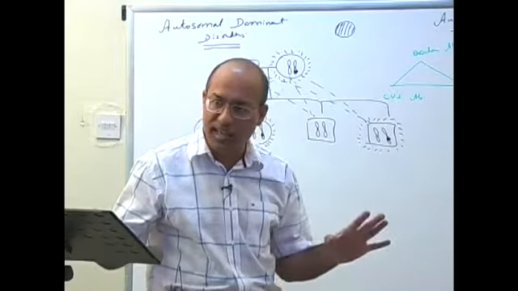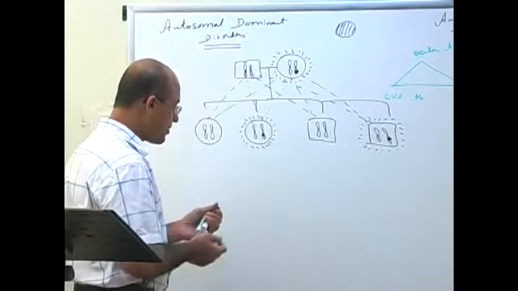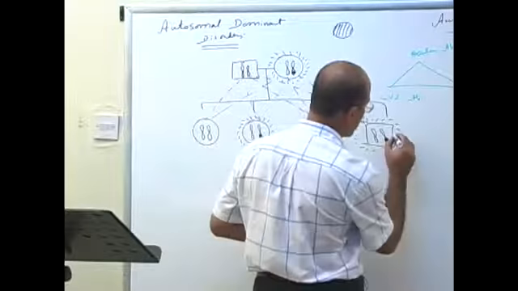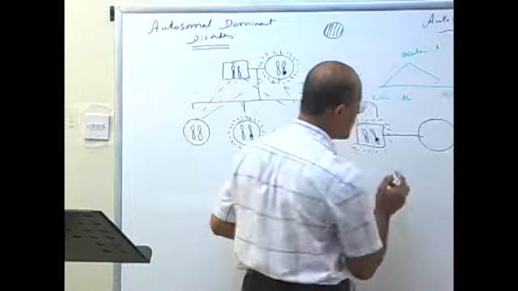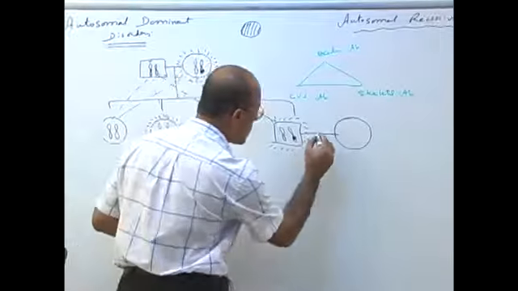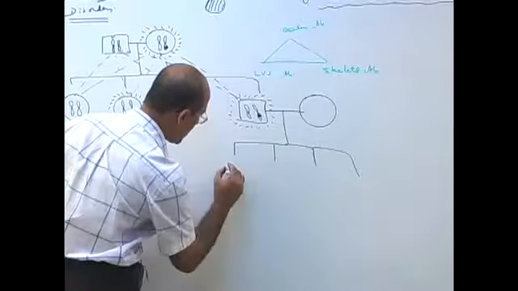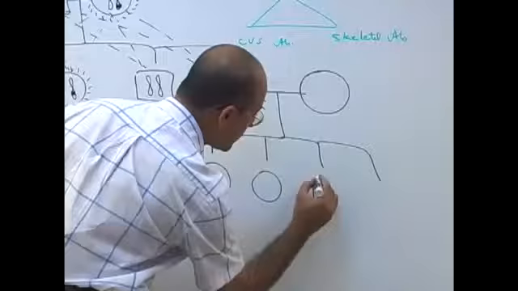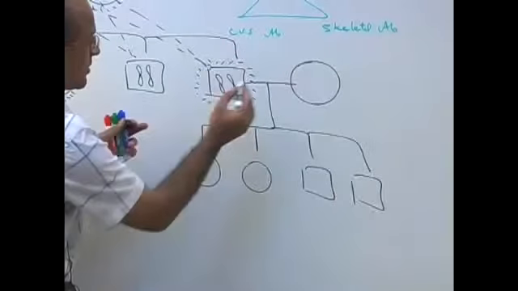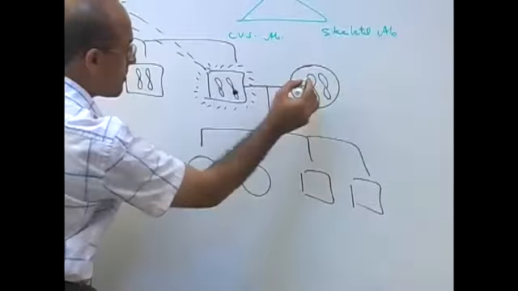Am I clear? Now, let's suppose this person crosses with a normal female, right? Now what will happen? Chromosome 15 from normal female.